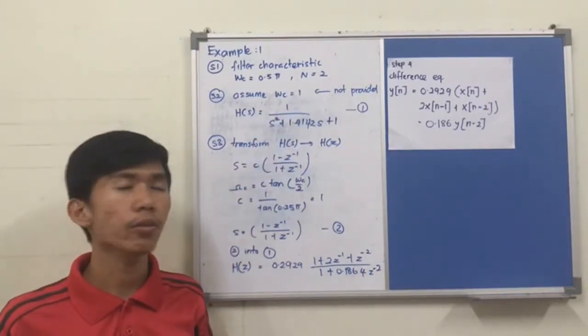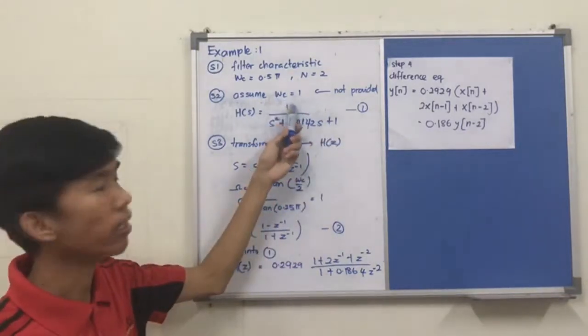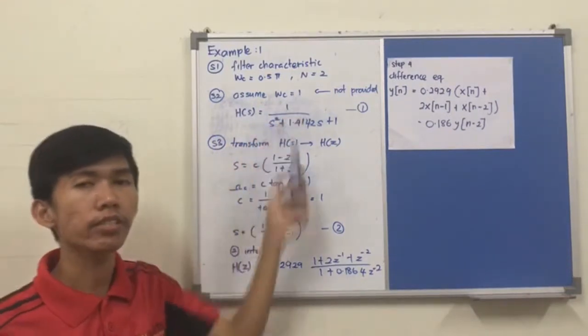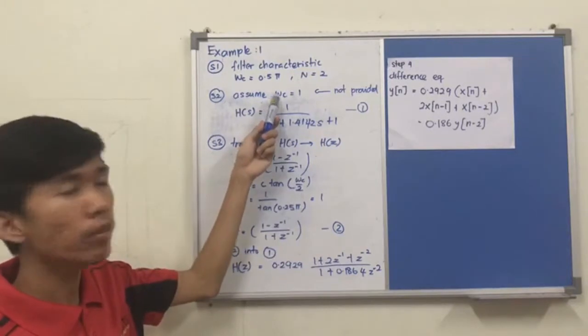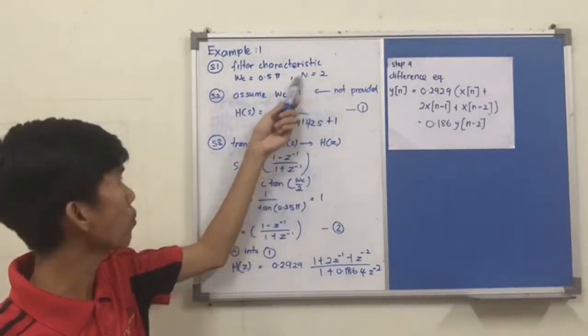Since the question doesn't provide ωc, we can assume that ωc is equal to 1, and since ωc is equal to 1, we can use the table provided for order 2.